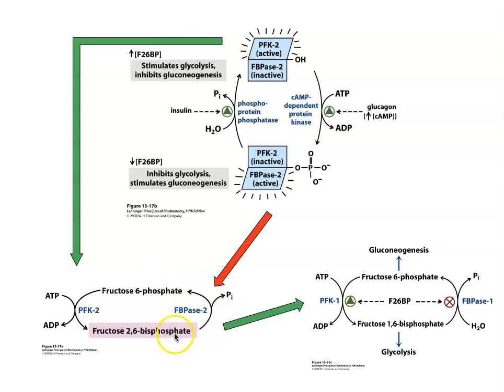The decrease in the fructose 2,6-bisphosphate concentration takes away the stimulator for PFK1, so PFK1 will decrease in function. That will inhibit glycolysis, but at the same time, the decreased concentration of fructose 2,6-bisphosphate will actually increase the function of FBPase1, thus stimulating gluconeogenesis, which is one of the functions of glucagon.